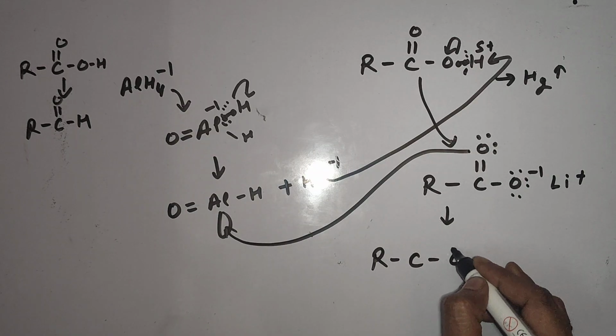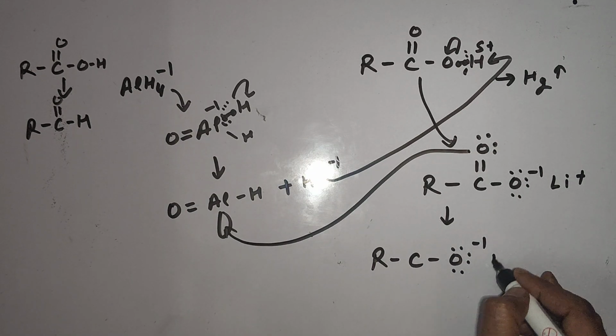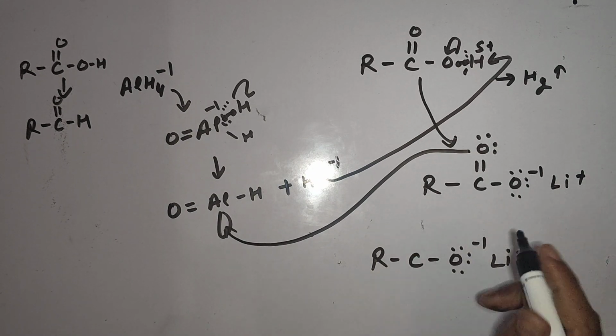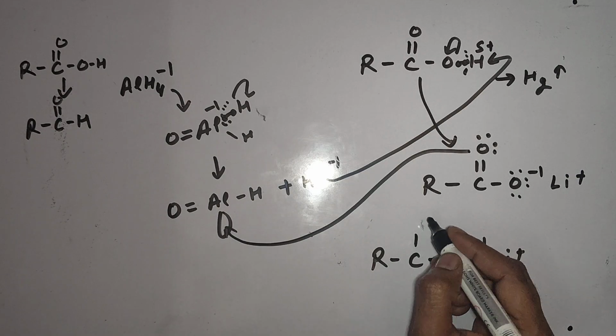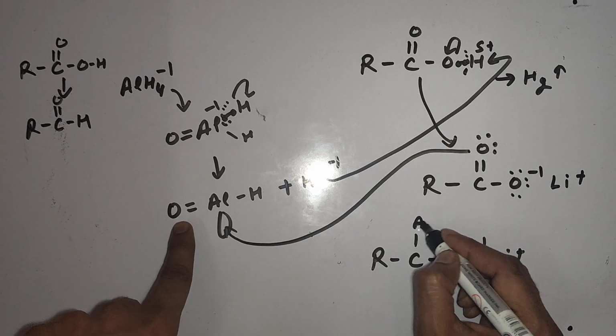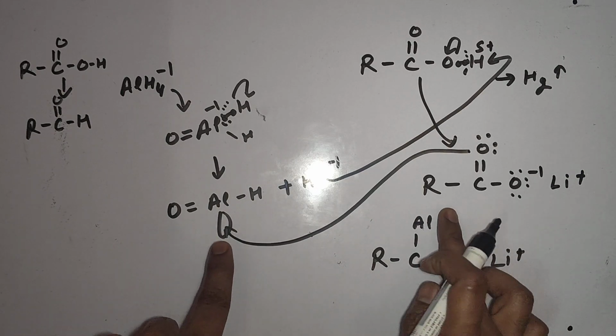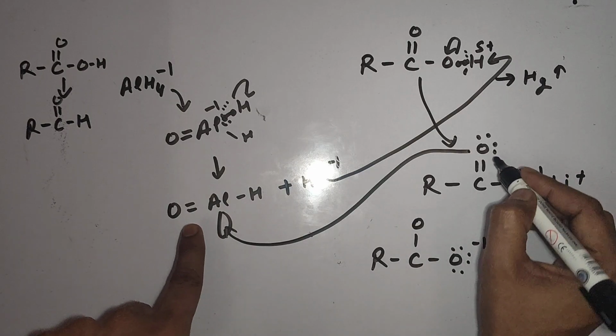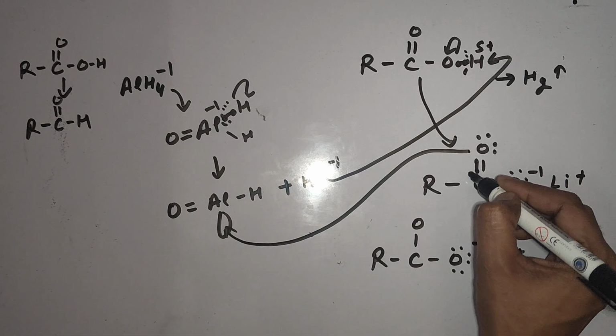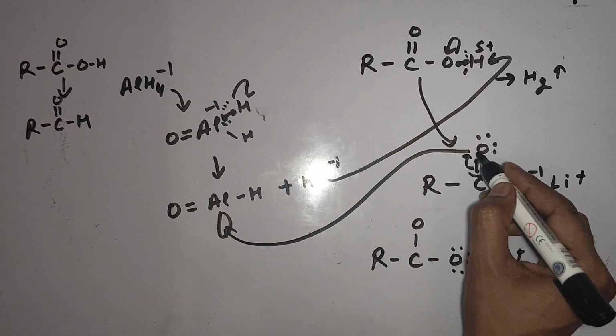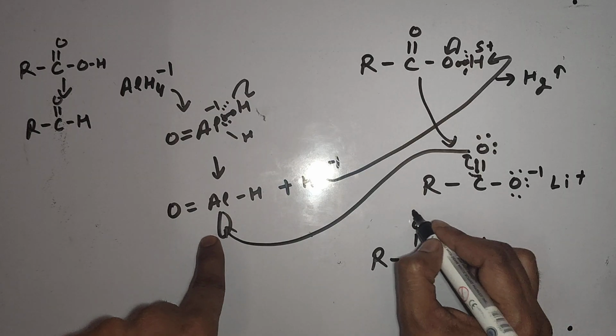Let's make it. Aluminium will join with this one. Oh, sorry, oxygen is here. This oxygen will break the pi bond from carbon and will provide these electrons to aluminium.